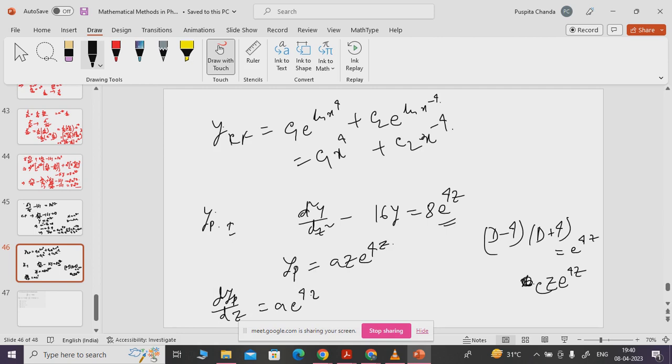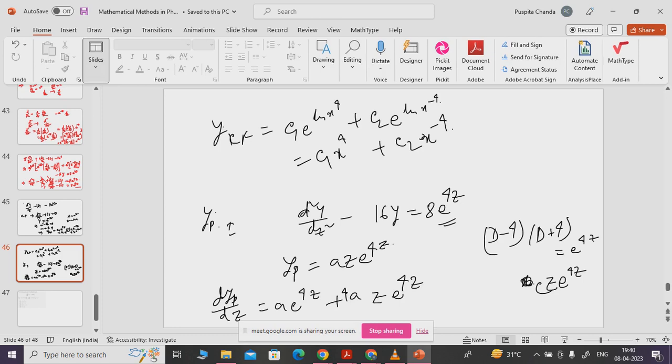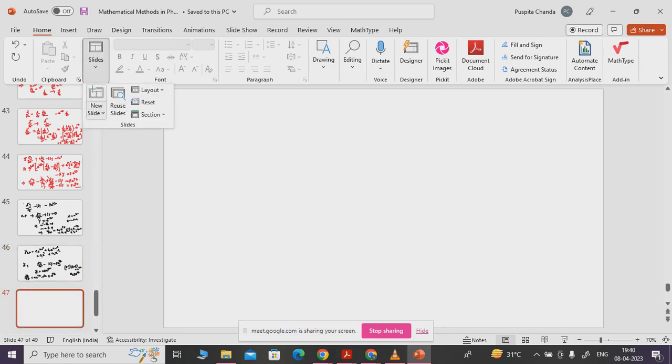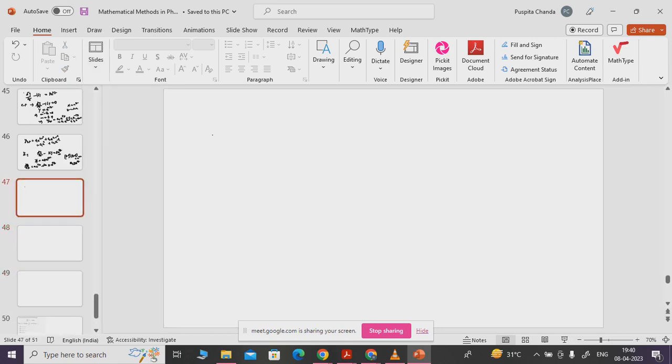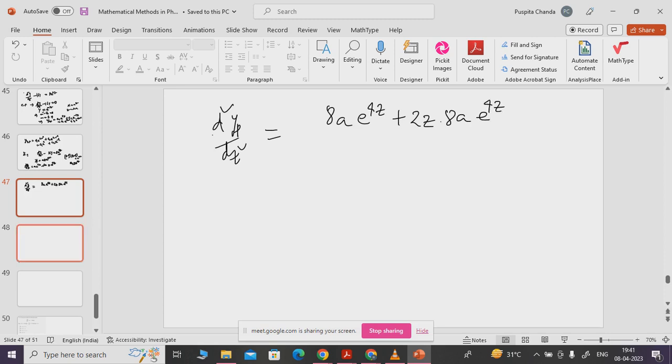So dyp/dz will be a e to the power 4z plus 4a z e to the power 4z. d²yp/dz² is equal to 8a e to the power 4z plus 16a z e to the power 4z.